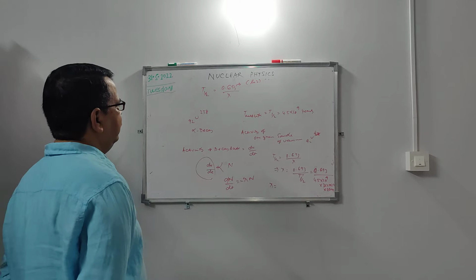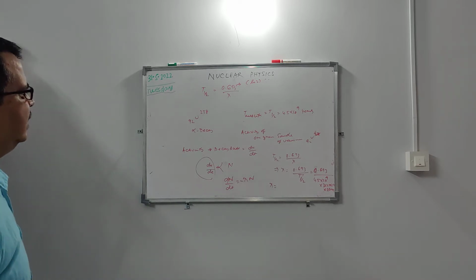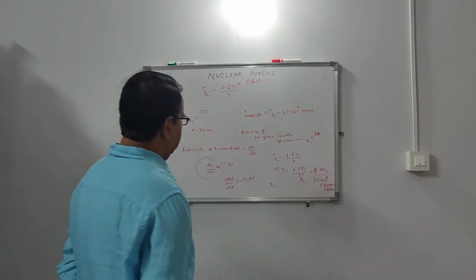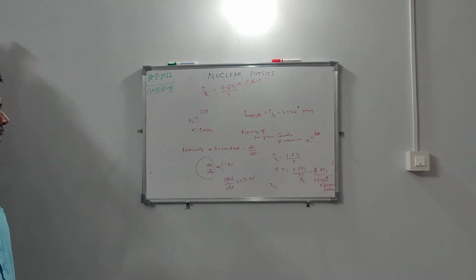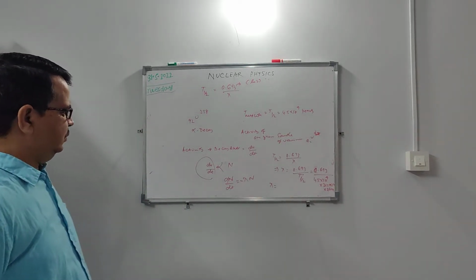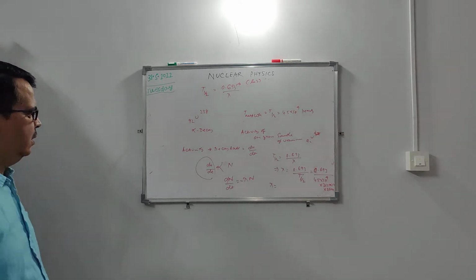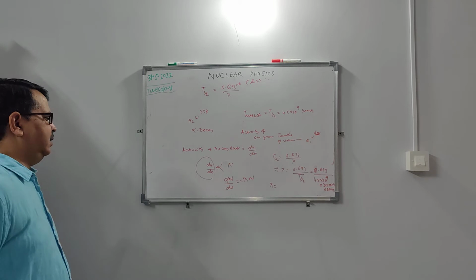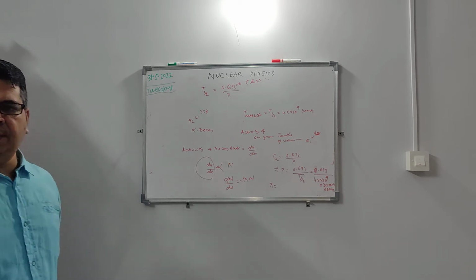first, they are telling that it is the activity of a 1 gram sample. That means initially your number of atoms is related to the Avogadro number. But are they trying to find dN by dt, the number of atoms per second?